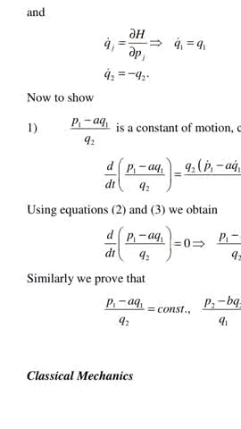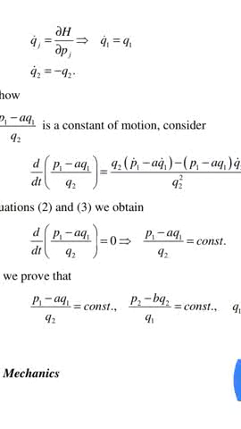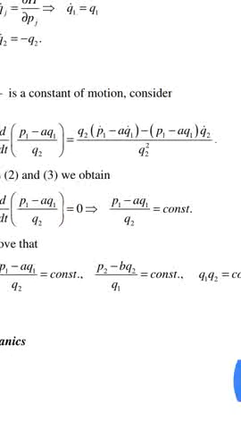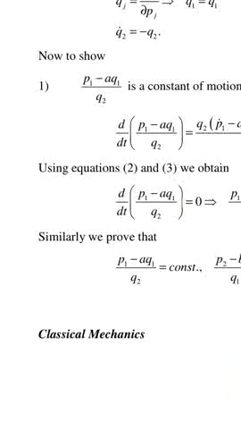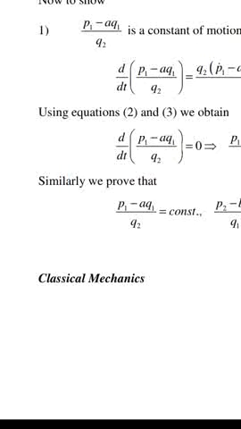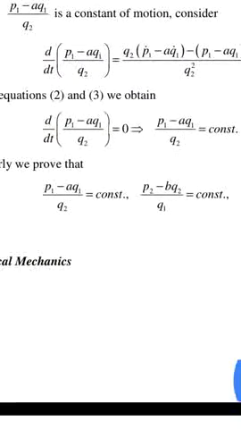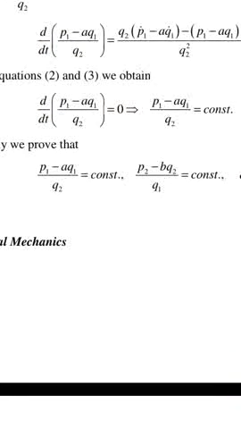Now to show that (P1 - aQ1)/Q2 is a constant of motion, consider d/dt of (P1 - aQ1)/Q2, which is equal to (P1 dot - aQ1 dot)/Q2 plus (P1 - aQ1)Q2 dot/Q2². Using equations 2 and 3, we obtain d/dt of (P1 - aQ1)/Q2 equal to 0. So (P1 - aQ1)/Q2 is equal to a constant.